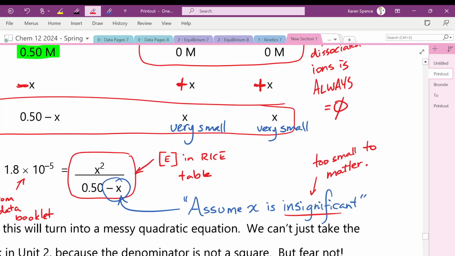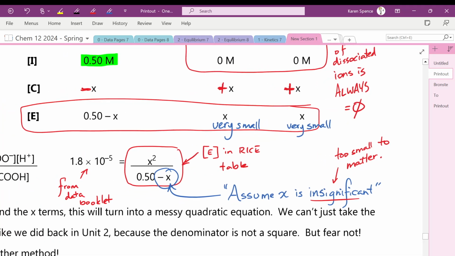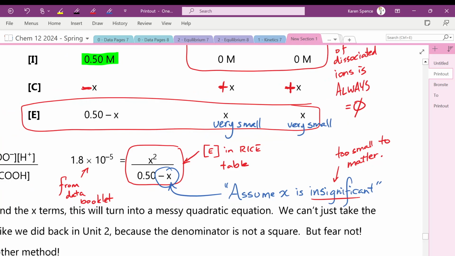And that'll get rid of the x term. And then we can just be like, oh, hey, now I've only got an x squared term and I can just do normal algebra on that. Okay? So let's just take a little look at a few things here.